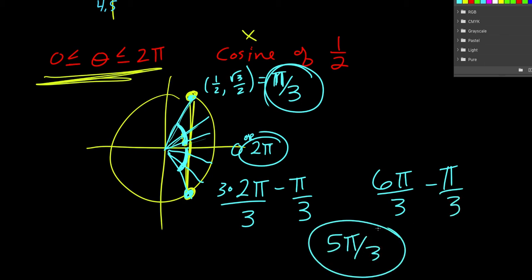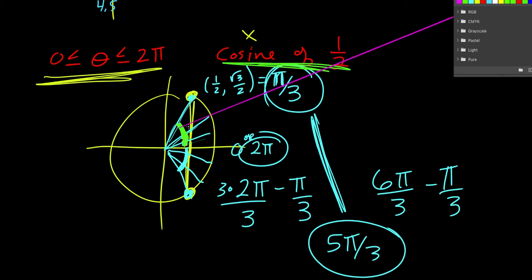And so those are the two answers right here. So pi thirds and 5 pi thirds are the two angle measurements that give us an x value, or a cosine, of 1/2. If we rotate from here to here, that's pi thirds. If we rotate from here to here, that is 5 pi thirds.